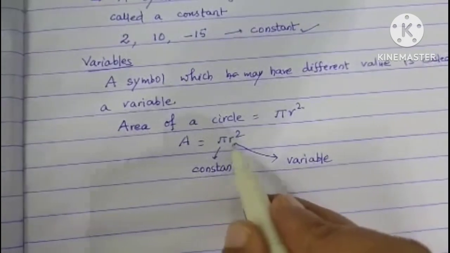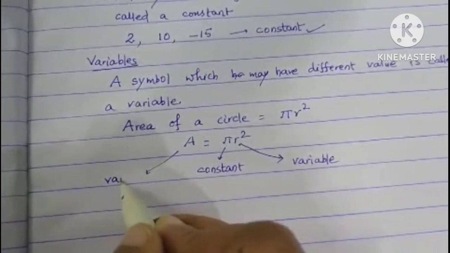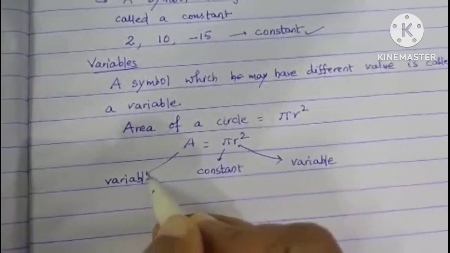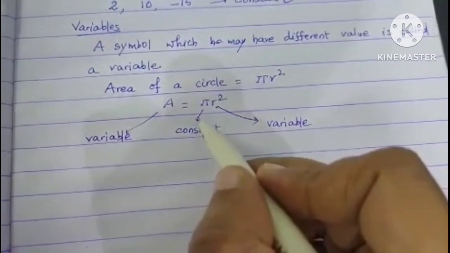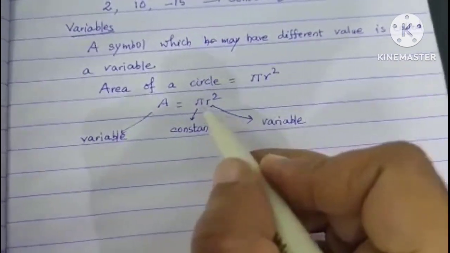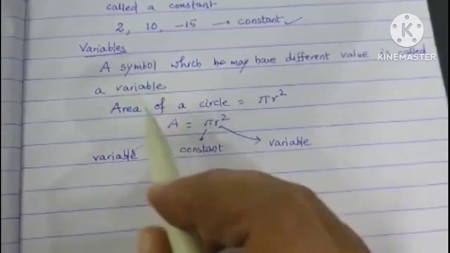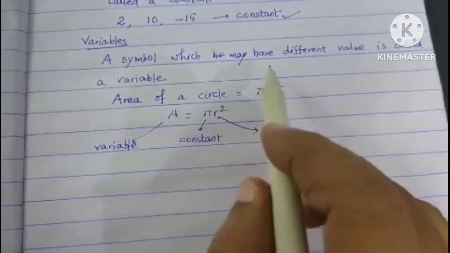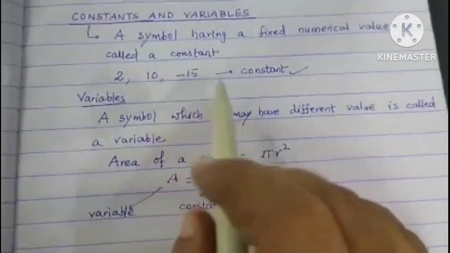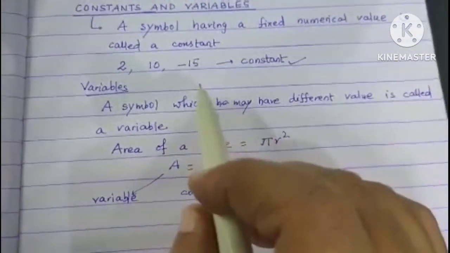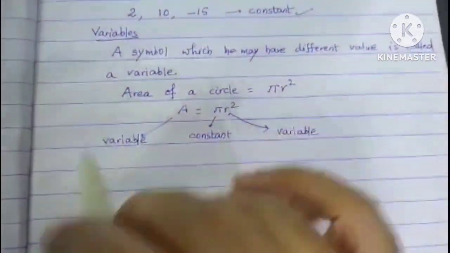And when r changes, A will also change, so A is also a variable. So with the example, we have understood that pi is constant and r and A are variables. Variables' values may differ from time to time, and a symbol having a fixed numerical value is called a constant. Now these two terms, constants and variables, we have understood.